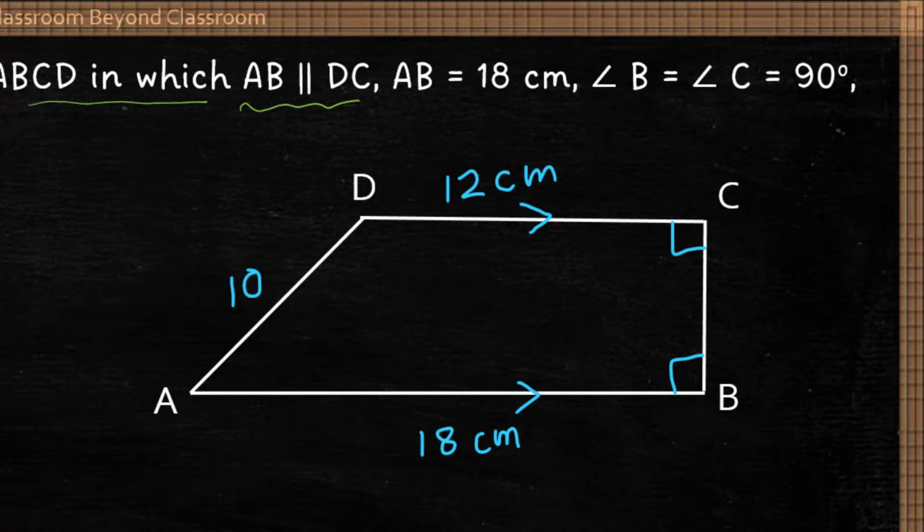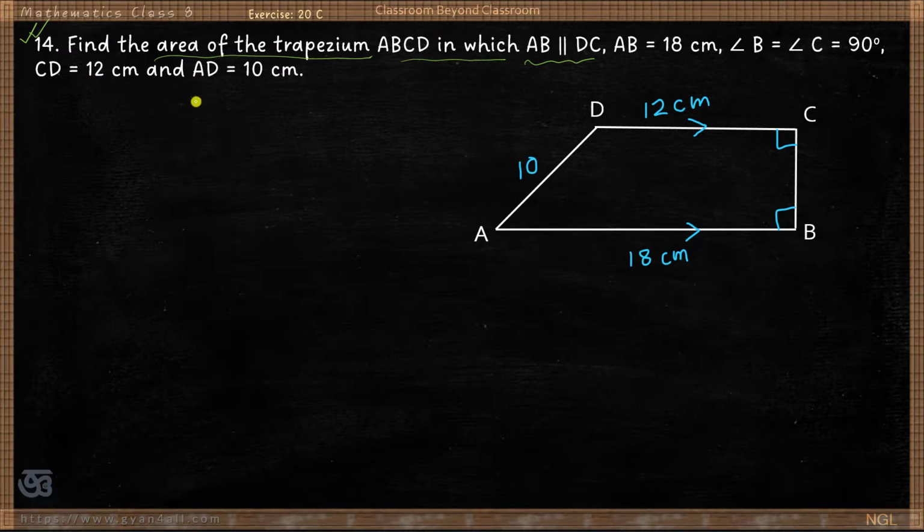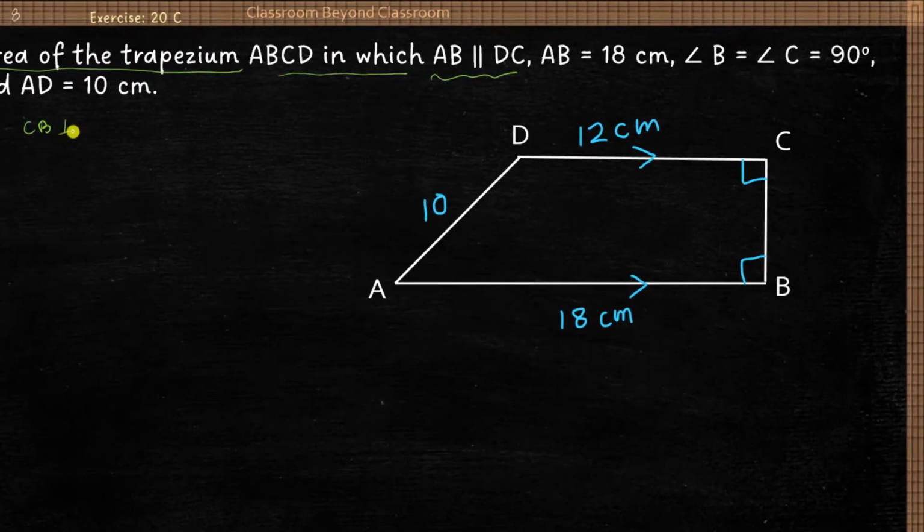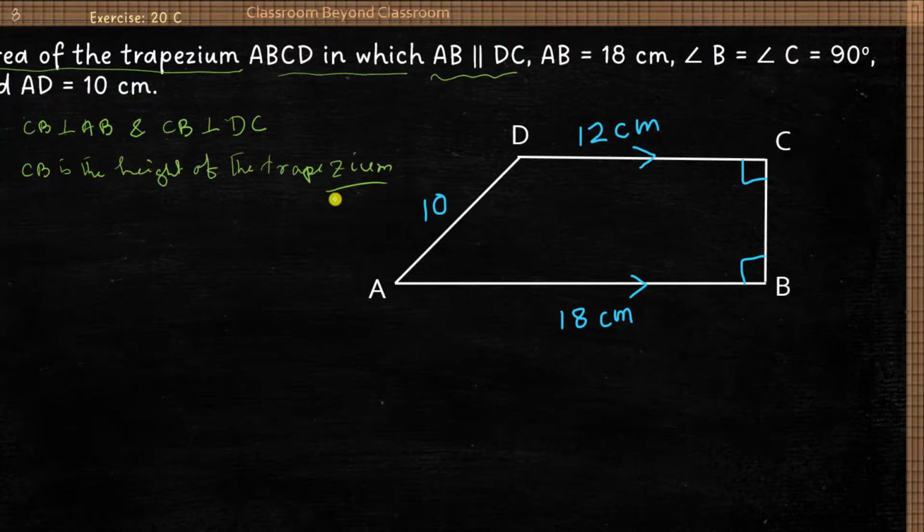We have to find the area of this trapezium. From the given diagram we can see that CB is perpendicular to AB, and also CB is perpendicular to DC. And if that is so, CB is the height of the trapezium. That means the distance between the parallel sides is equal to CB, because this is the perpendicular distance.